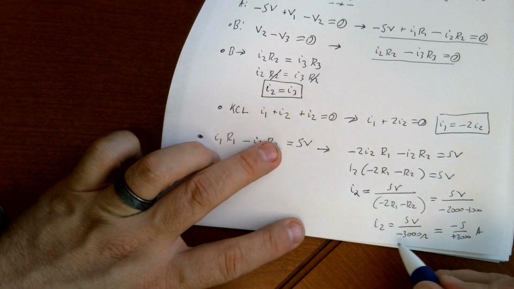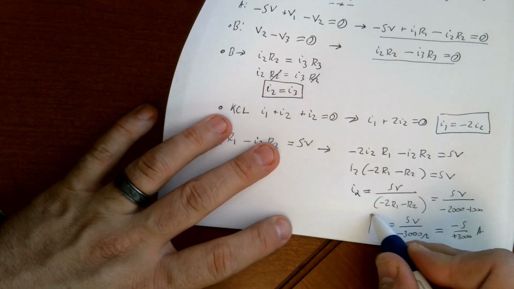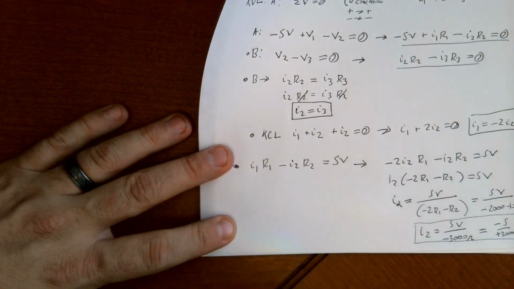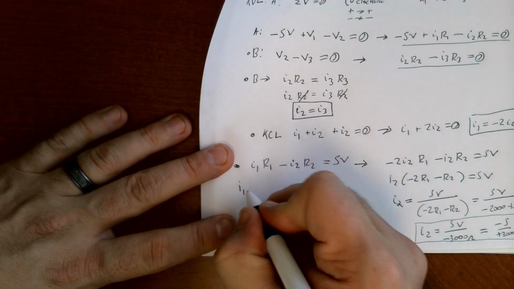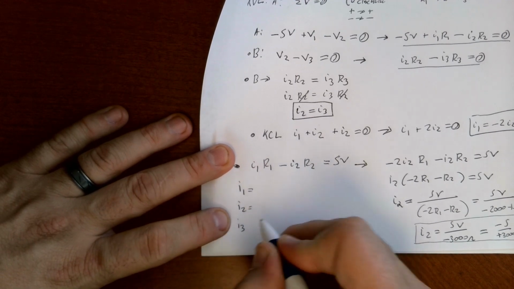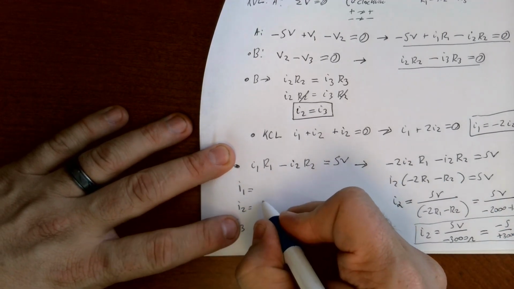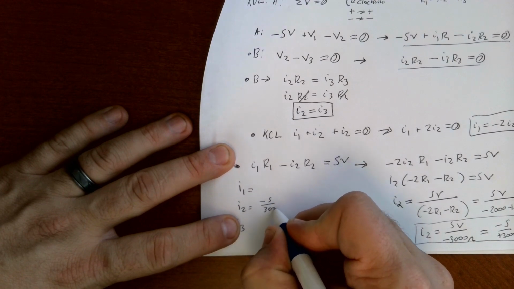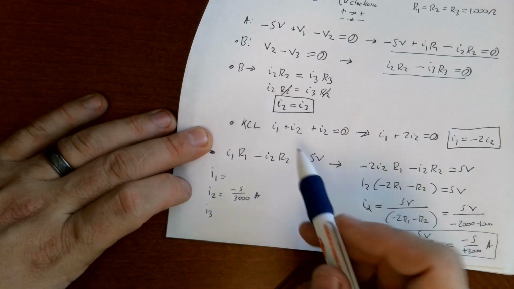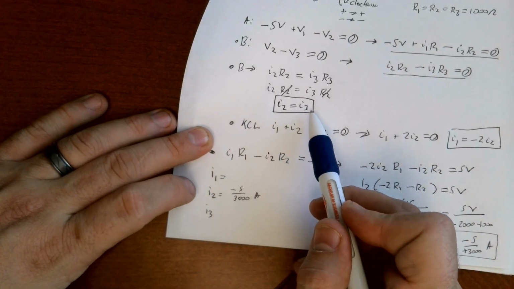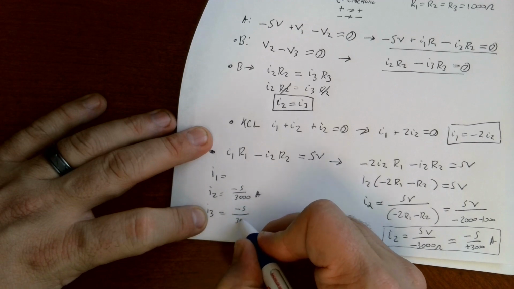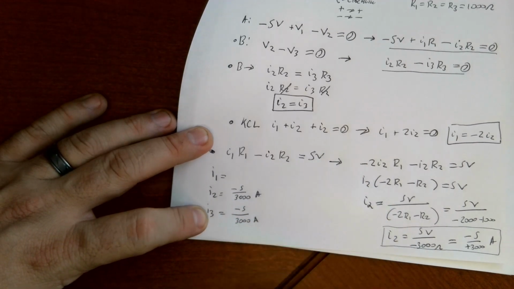So we have this relation here for I2. Now we can write it out. I'll try to keep it on one piece of paper here. We know that I2 is equal to minus 5 over 3,000 amps. We also know that I2 is equal to I3, so I3 is equal to negative 5 over 3,000 amps.